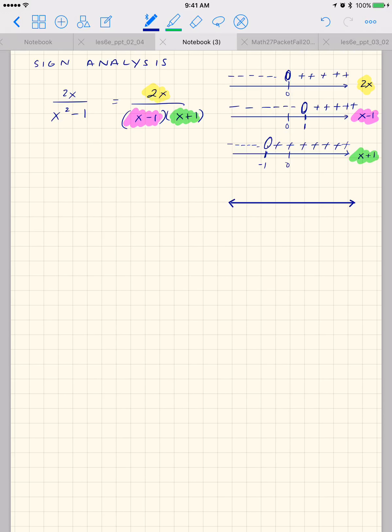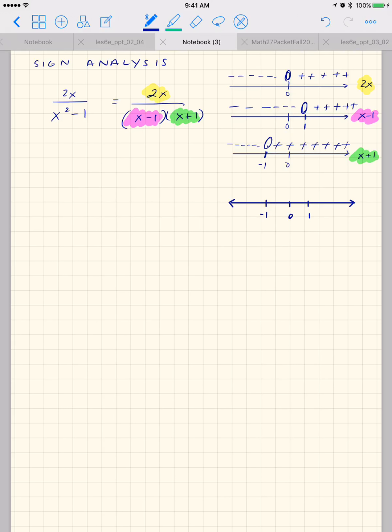I'm going to bring down negative 1, I'm going to bring down 0, and I'm going to bring down 1. So I bring down all of the zeros of my number lines above. So this is negative 1, 0, and 1.